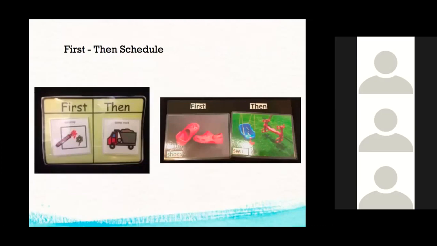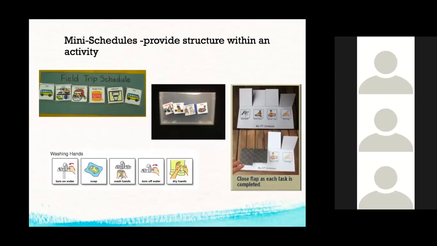So maybe they love to have a little snack. So first we're going to go outside, and then we're going to have a snack. So that's how you might set up the least preferred on the left side, and then the most preferred on the right side.